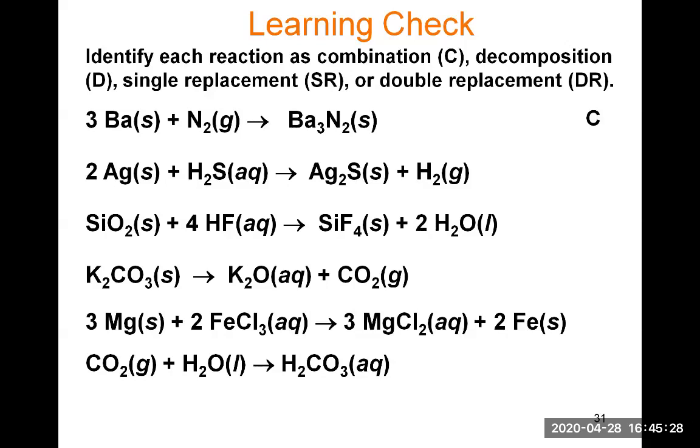And then we see that Ag is taking the place of hydrogen to make a sulfide compound of Ag2S. And then the hydrogens are free and making the diatomic molecule hydrogen gas, which is an element. So we are going from an element plus a compound and making a new compound and a new element. And so that's typical of a single replacement reaction.